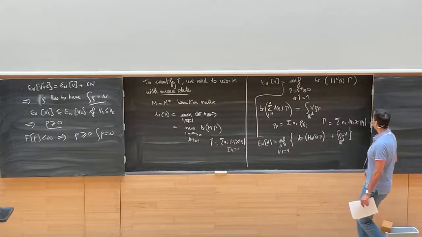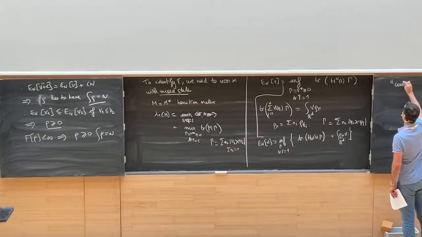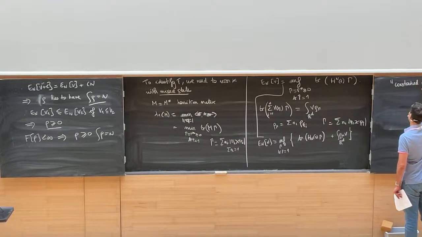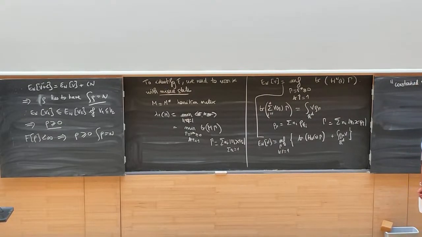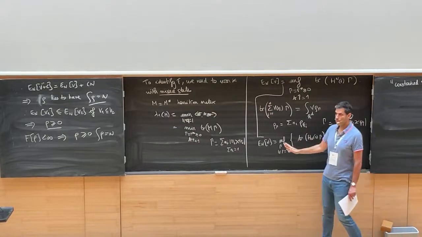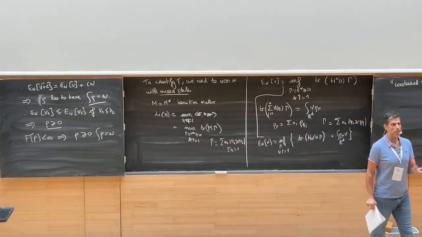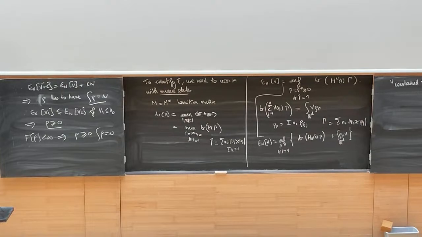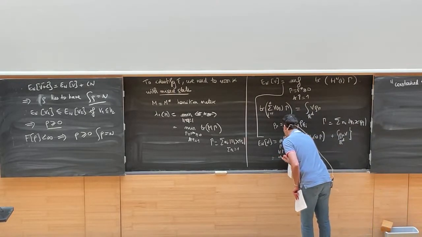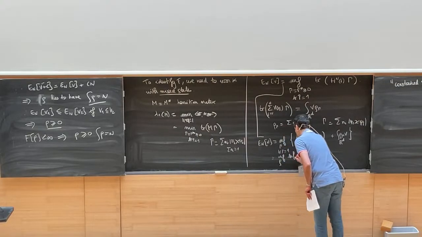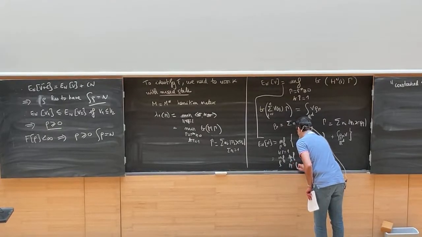And now the trick is to do what's called a constrained search, from chemistry. So instead of minimizing over all gammas, we are going to do two minimization procedures, one after another. Instead of doing the infimum over gamma, we will first fix the density, minimize over all gammas having this density, and then we minimize over the density. So here I can write this as the infimum over rho, of the infimum over gamma with rho_gamma equal to rho, of the same thing.